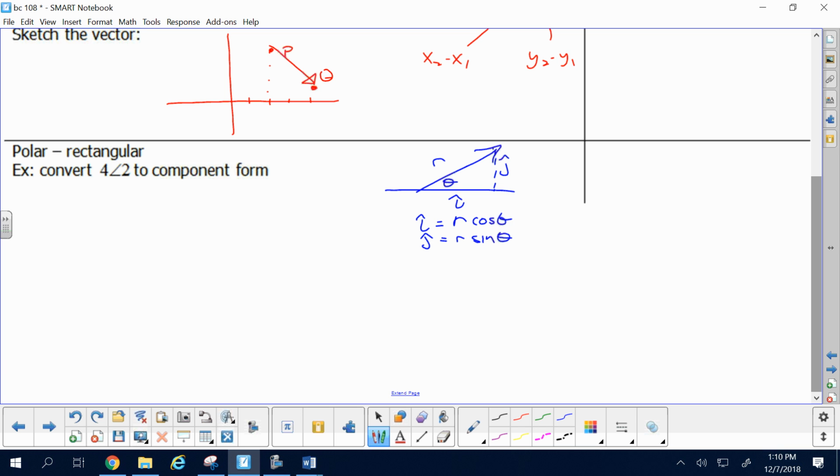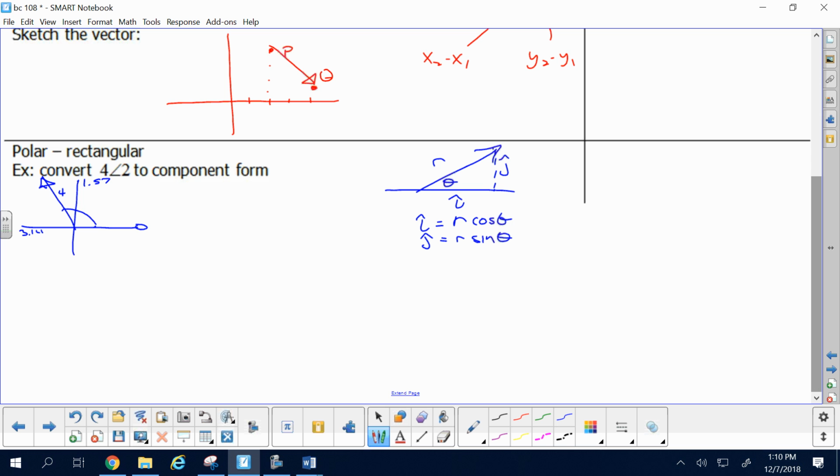Cool? So if I had 4 at an angle of 2 radians, what quadrant is that? You don't need to draw it, but what quadrant is that in? How many radians is this about? About 1.57 radians, and this is about 3.14 radians, so 2 would be in here somewhere.